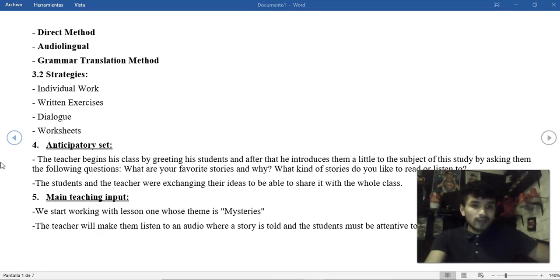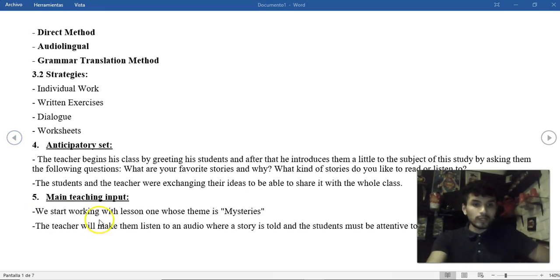The students and the teacher exchange their ideas to share them with the whole class. It is a part in which I'm going to introduce my students, by way of dialogue, to the topic of my class.